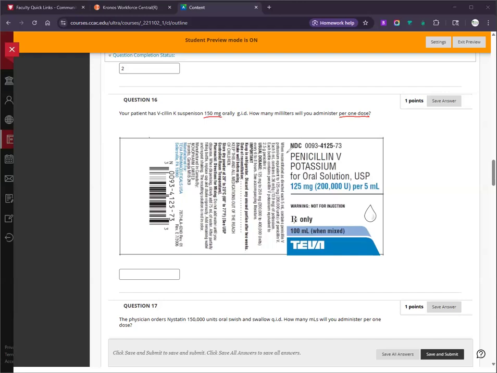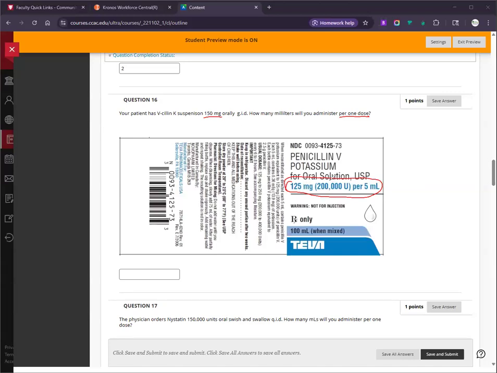So we're going to look at our penicillin VK, and we're seeing that it has a couple of numbers here. This is the strength or the concentration of the medication, but there's 2 pieces of information here. One you need, one you don't. 125 milligrams is important to know because the order is in milligrams.